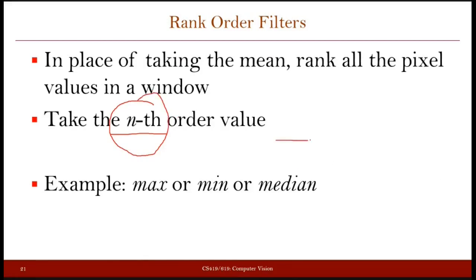Here also you sort your values in ascending or descending order, but instead of the median you can consider any nth order value. You may say you are going to consider the second, third or eighth value as your output. Sometimes you may also consider the max of all the values, or the mean of all the values. So in some sense the median filter is also a kind of rank order filter.